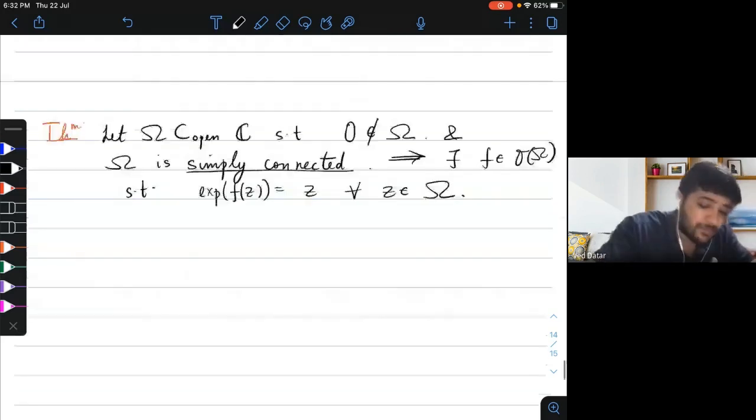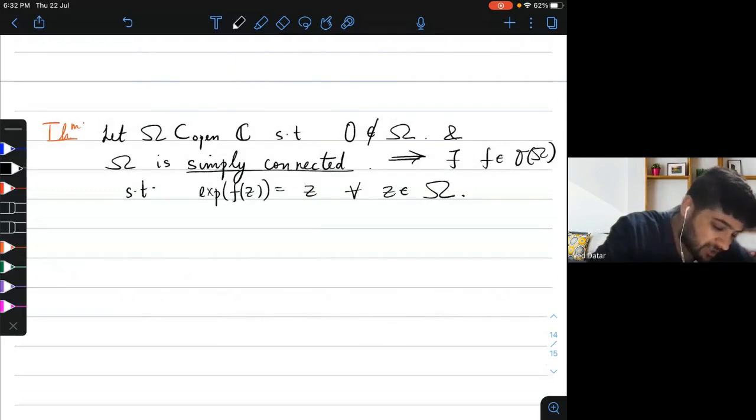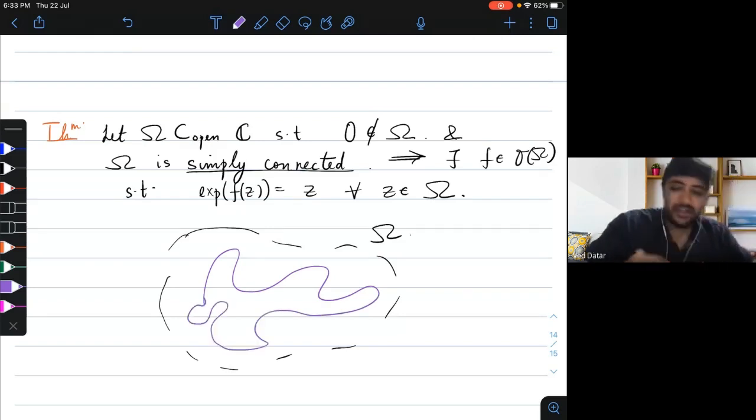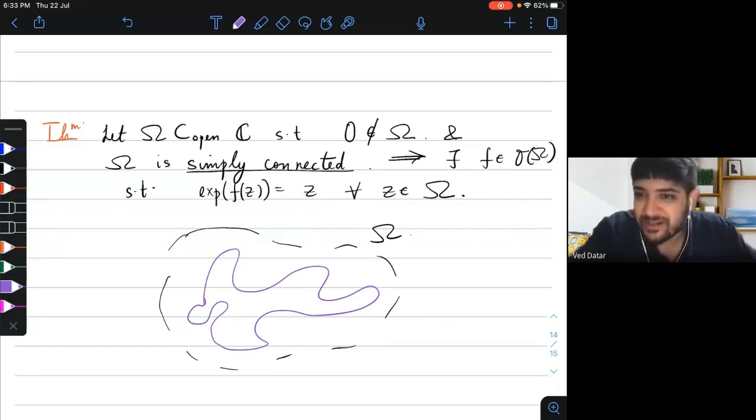So this simple connectedness, geometrically, what it means is the following. Suppose you have an open set. What simply connected means is that no matter what complicated loop you take, you can always continuously shrink that loop while all the time staying inside omega.